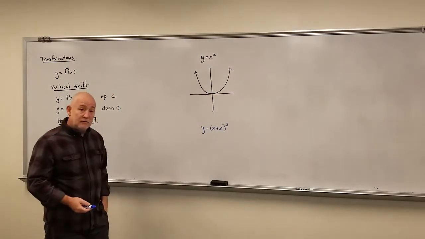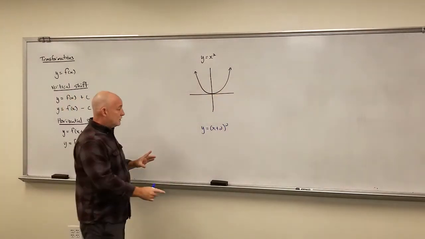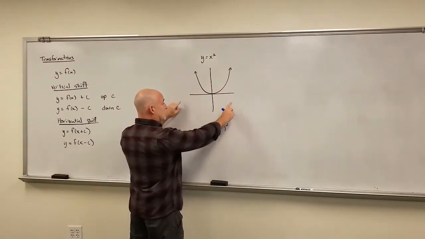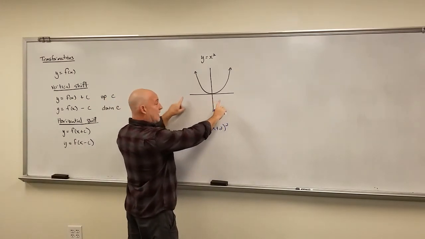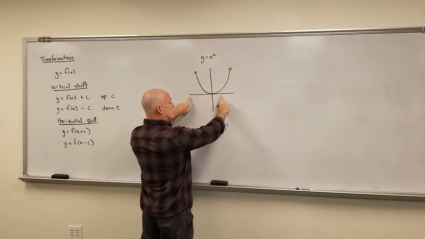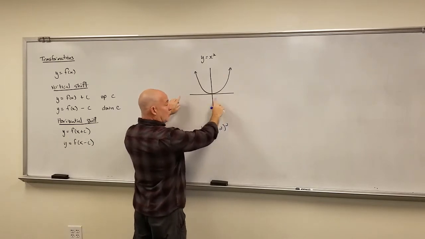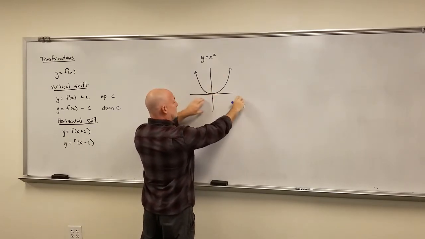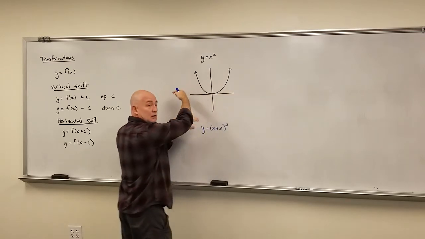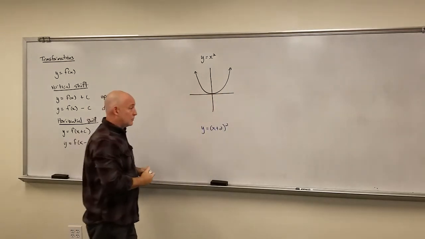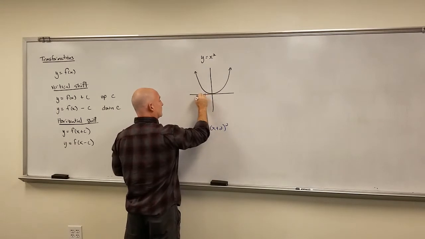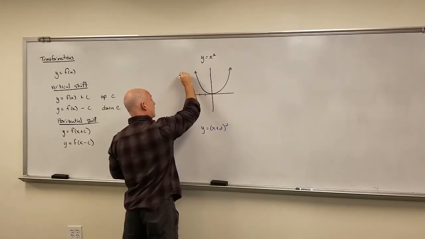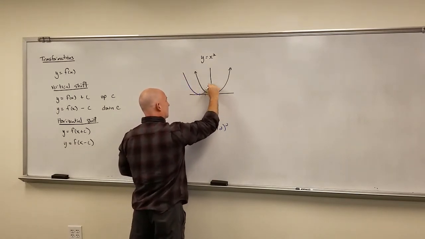Well, your common sense is actually wrong here. Think about it like this. We're taking all the x values and adding 2 to them. So really what you're doing is imagine taking the x-axis and shifting it to the right 2. Well, if I take this whole axis and move it to the right 2, the graph is really going to the left 2. So it's kind of backwards from what you would think. So this graph would actually be over here.